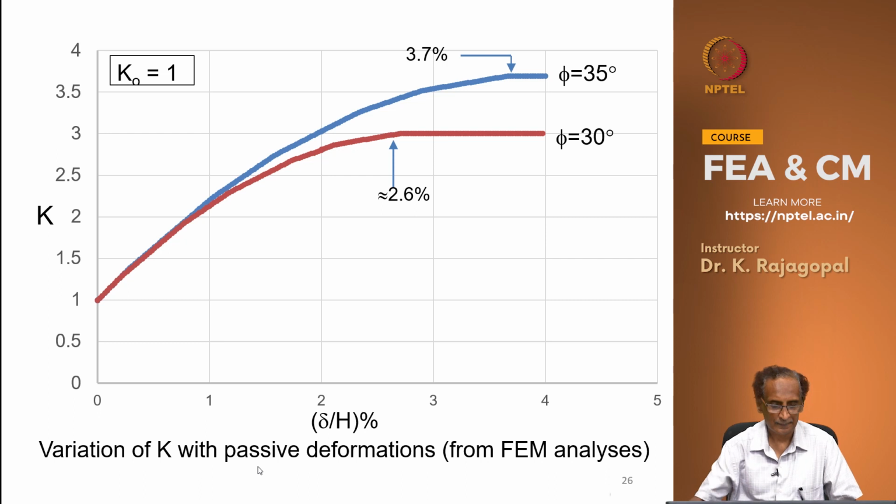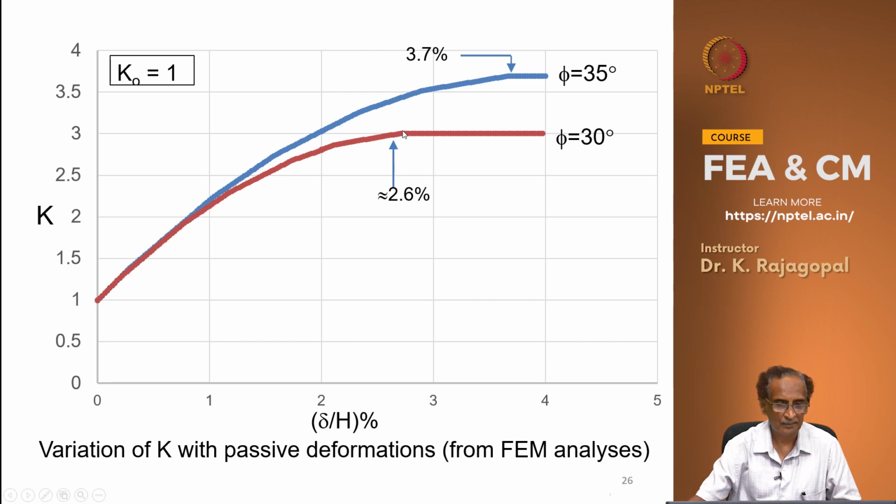And this is the plot for passive pressure, and for two different friction angles, phi of 30 degrees and 35 degrees. And when phi is 30 degrees, the Kp is 3, and when phi is 35 degrees, Kp is 3.69, and the initial starting point K naught is 1 for both the cases, and this red line is for friction angle of 30 degrees.